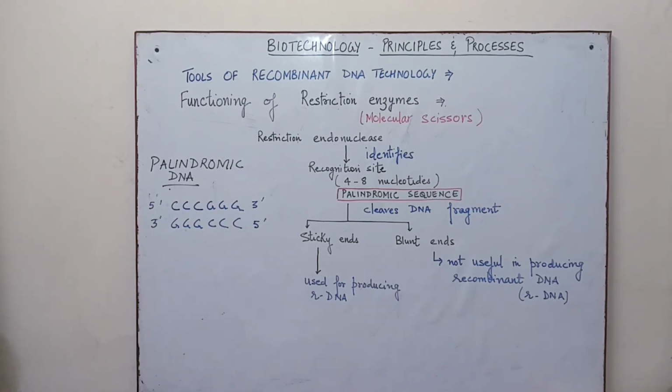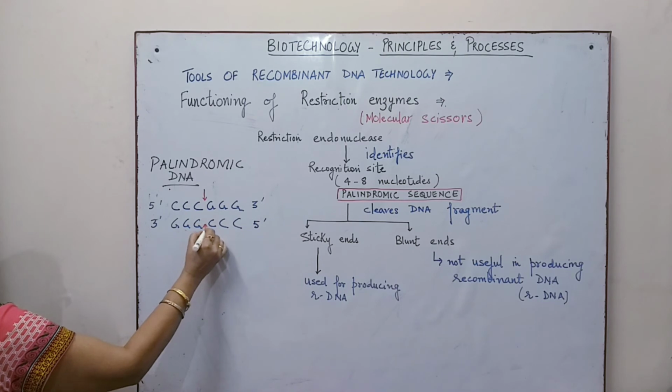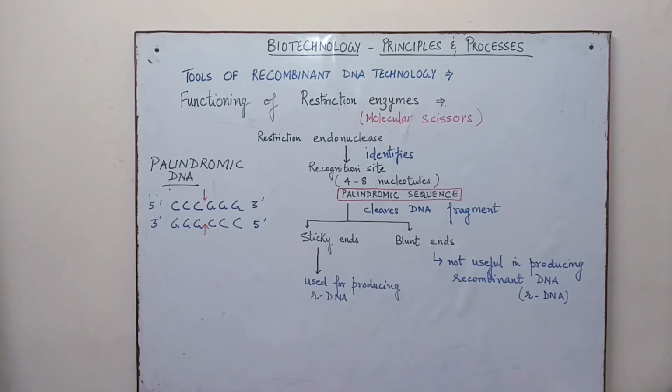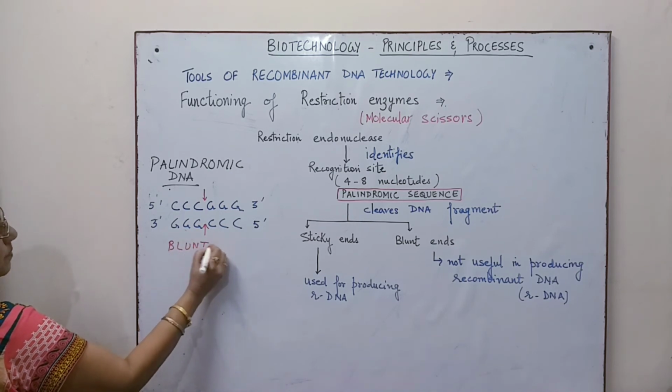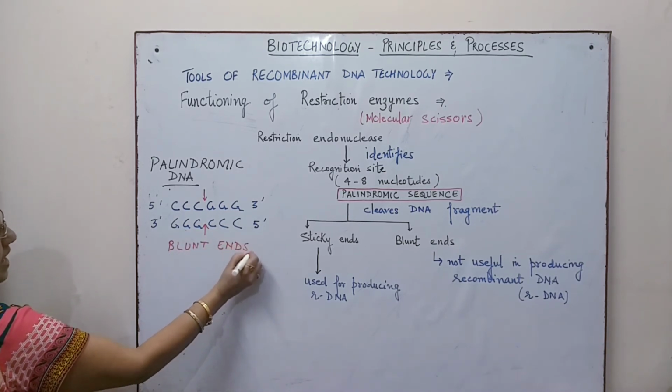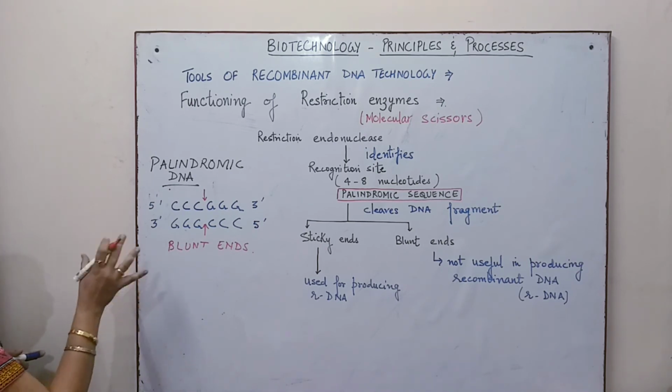The other type of restriction endonuclease will cut from the center of the palindromic recognition site. This results in the formation of blunt ends. These are the blunt ends, and these enzymes are not useful in the production of recombinant DNA because they cannot produce recombinant DNA.